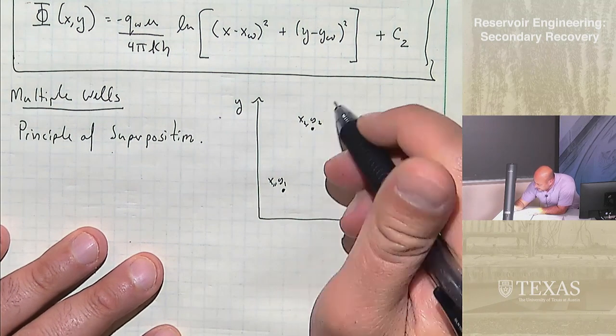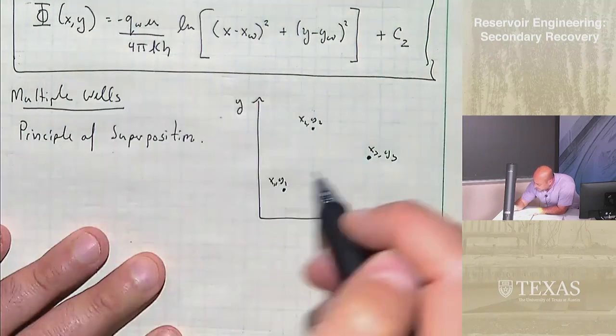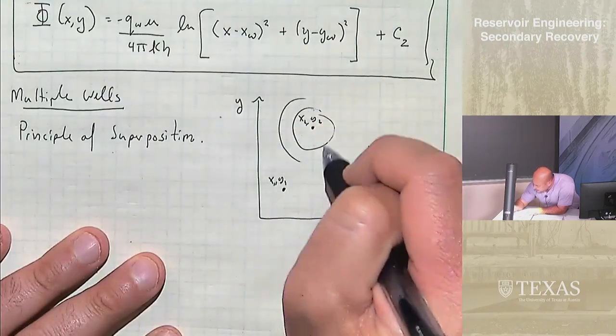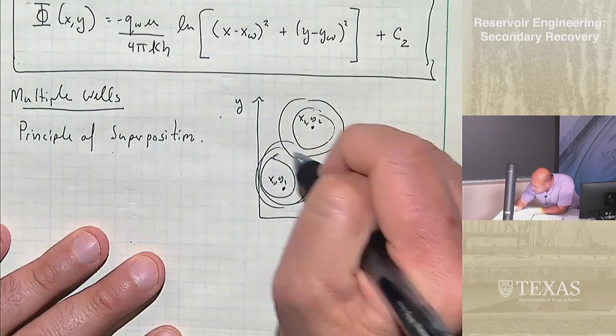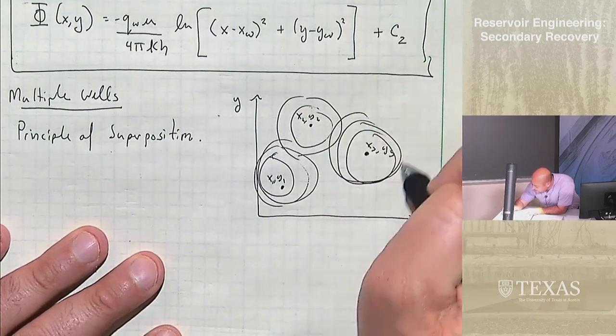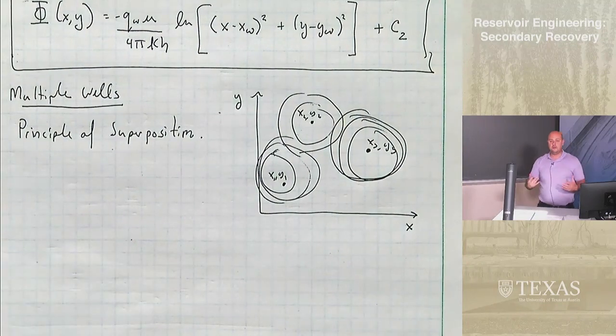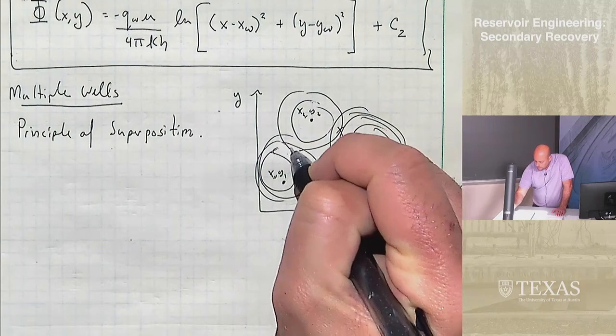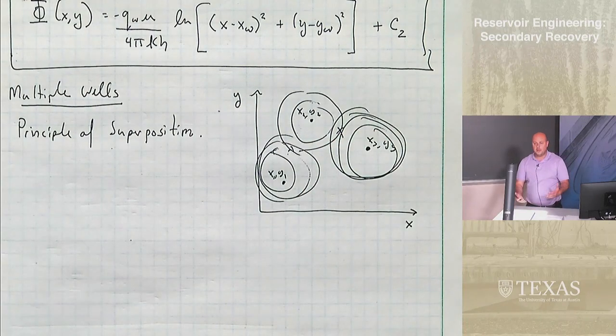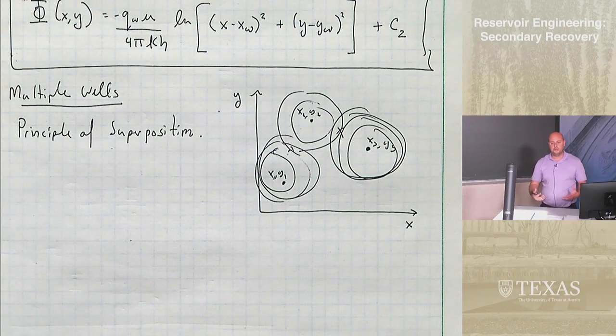And each of these had some sort of potential as a function of X and Y. It changes as you go out. These pulses getting larger, they start to interfere with each other. And if you wanted to know what the potential is at some random X, Y in your reservoir, at a place where these started to interfere with each other, then you would need to add your solutions together.